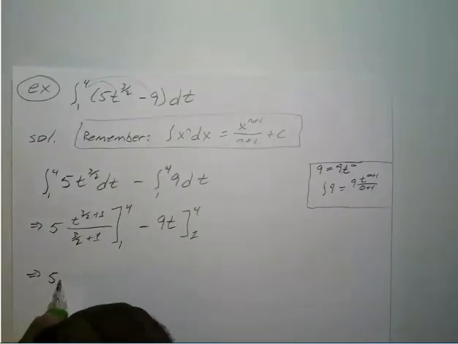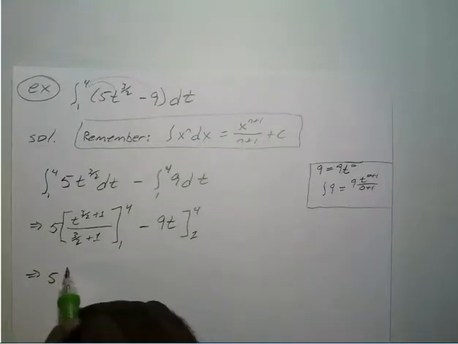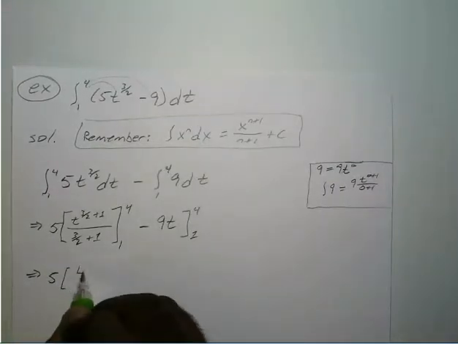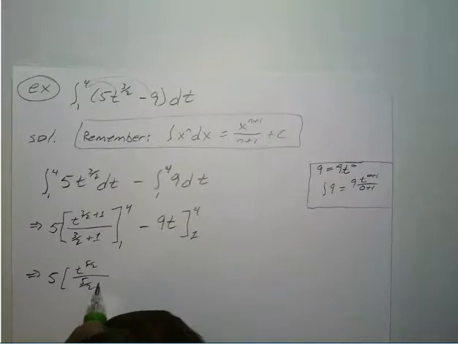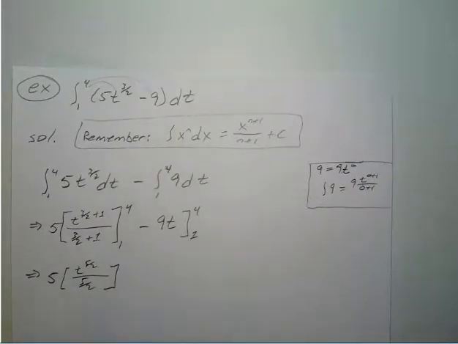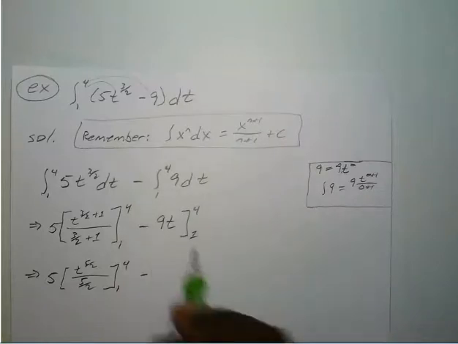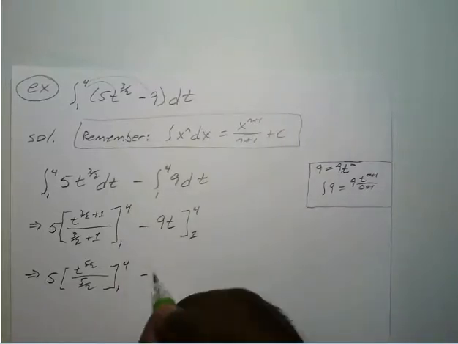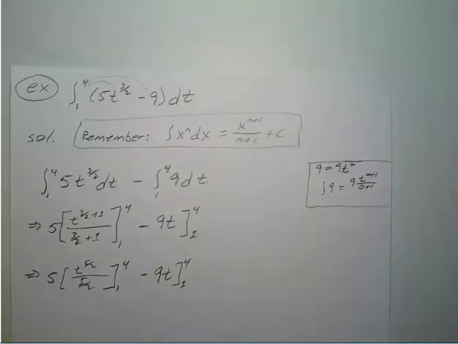So we have 5 times, and if you want to use a closed bracket there, you can, t to the 5 over 2 over 5 over 2. And again, that's from 1 to 4 minus 9t, from 1 to 4.